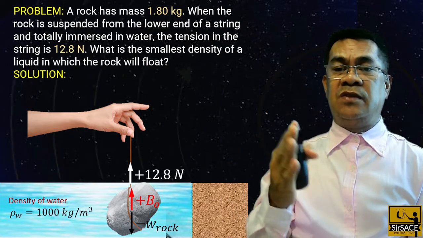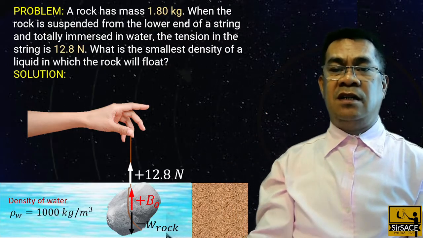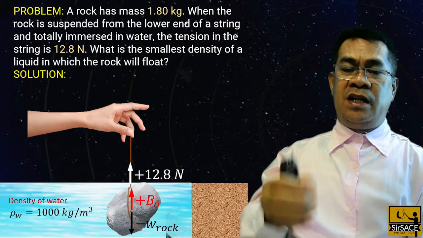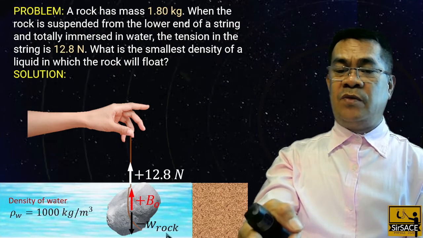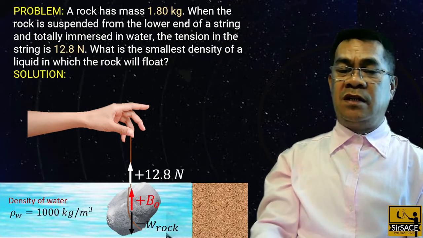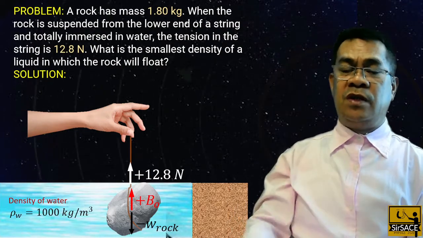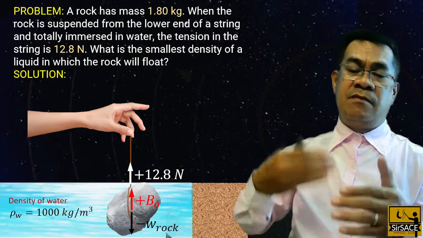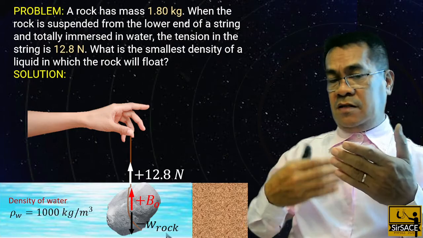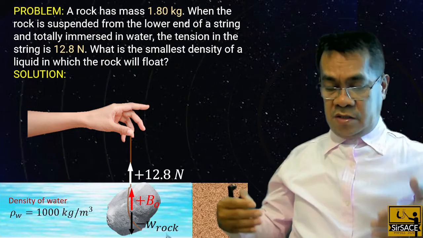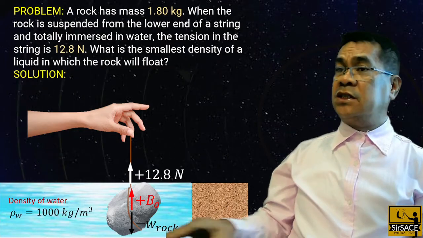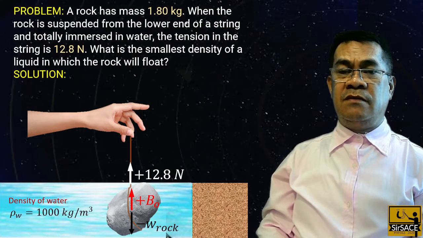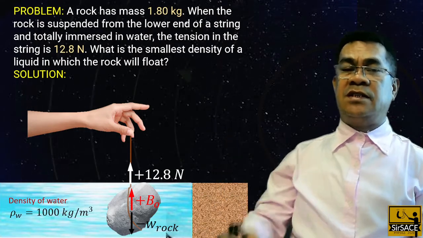So this is now the question: what is the smallest density at which the rock will float? Because the rock will normally sink in water. Without the support of the string, the rock will continue to move downward until the pressures balance.